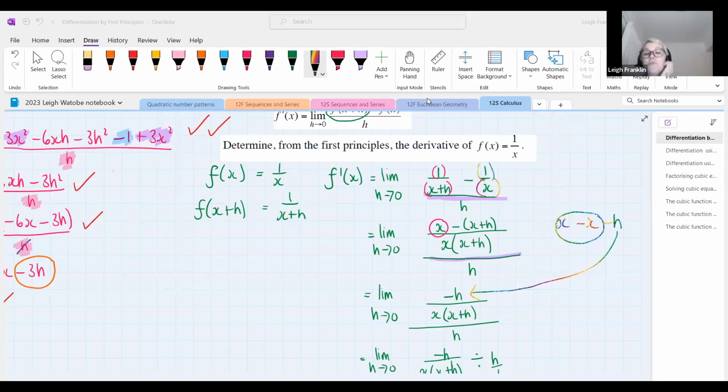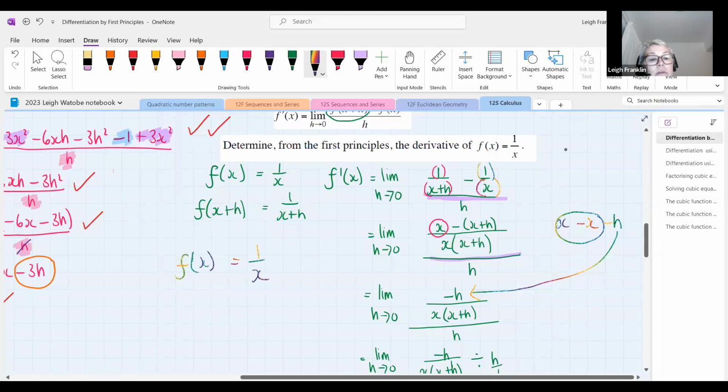Why would it be wrong for it to be in fraction form? You see, you've started off with something that's a fraction. If you were doing the power rule and they gave you f of x equals 1 over x, then you'd have to write that as x to the power of -1.